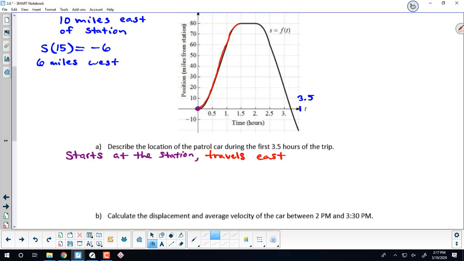All of those positions are positive. 10 miles east of the station, 20 miles east, 30 miles east, 40 miles east, etc. So they travel east for how long? 1.5 hours. Between one and two. Yeah. We travel east for 1.5 hours.